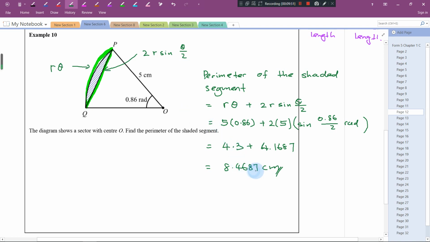If you don't want to give 4 decimal places, make sure you give your answer in 4 significant figures, which is 8.469. Okay, this answer also can be accepted.